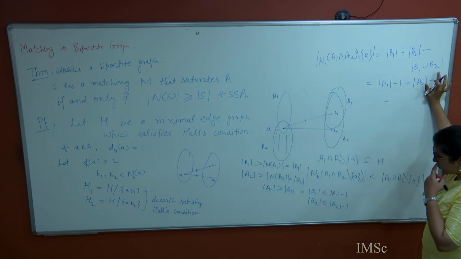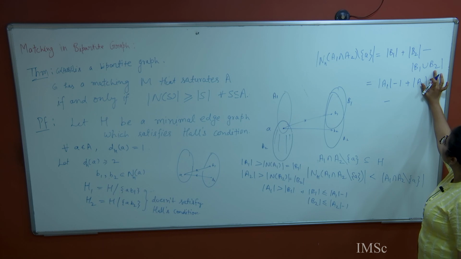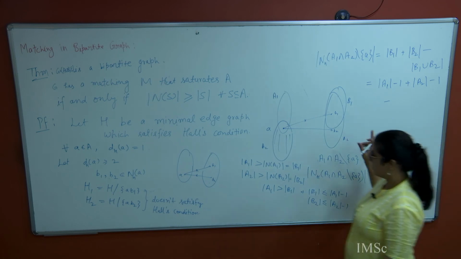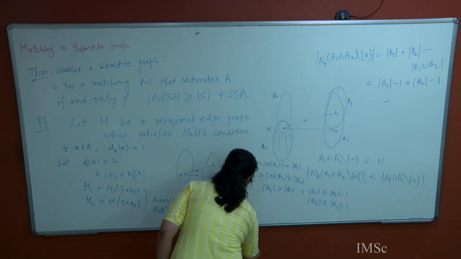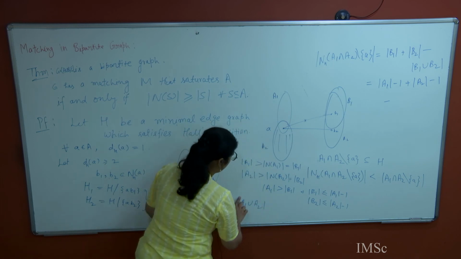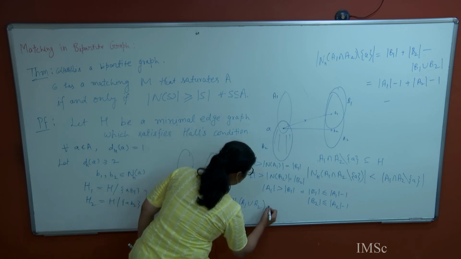What about B1 union B2? What would be its cardinality? For A1 union A2, what would be the neighborhood?